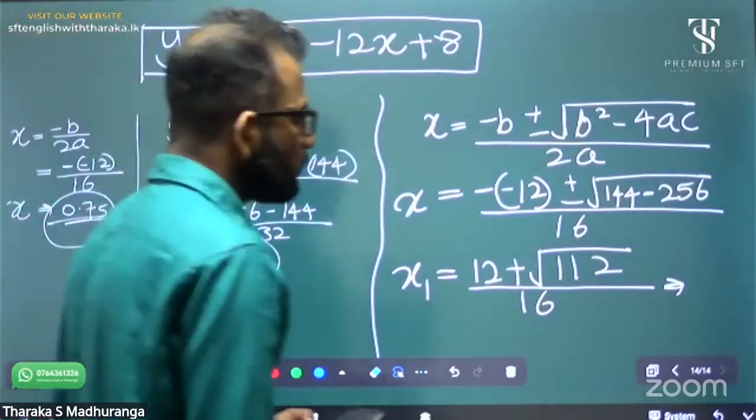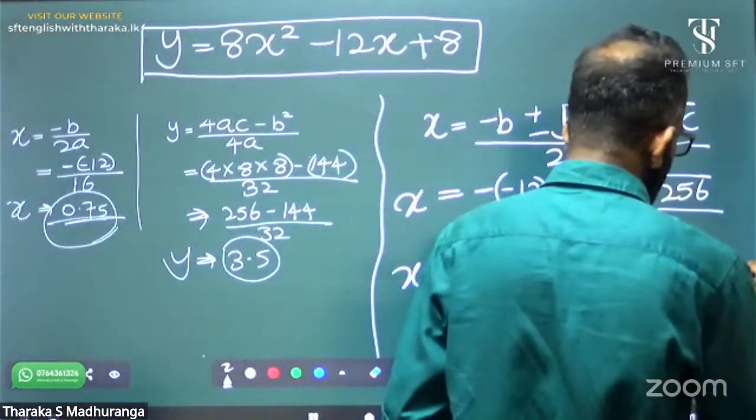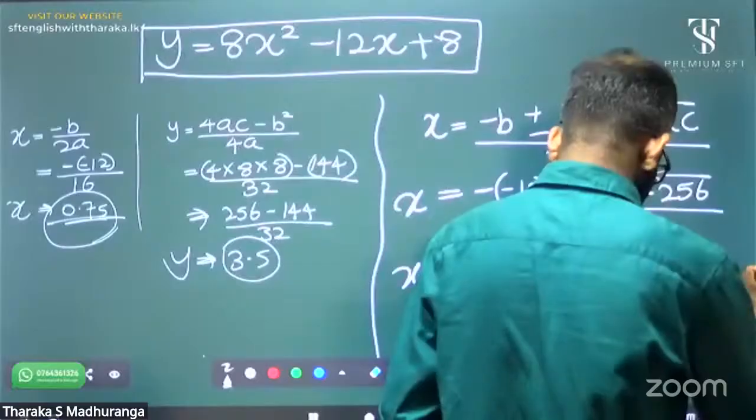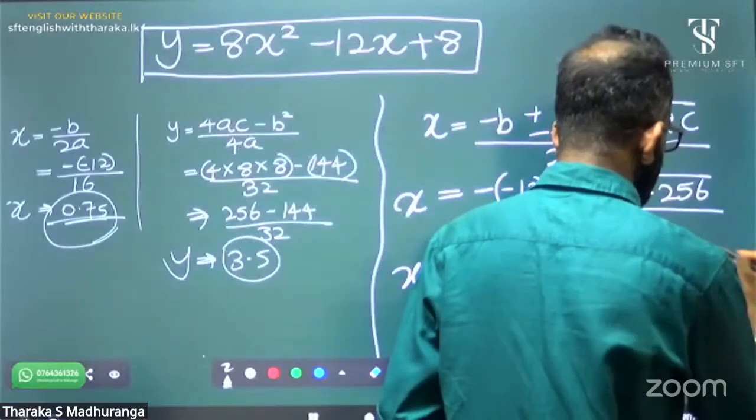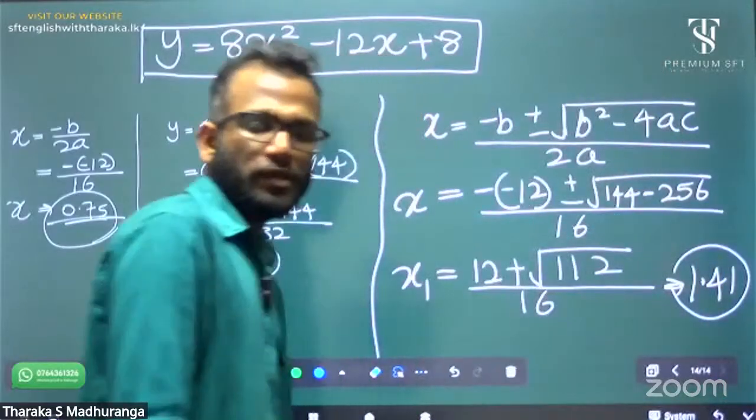Answer 1.41. This is the first x-axis cutting point.